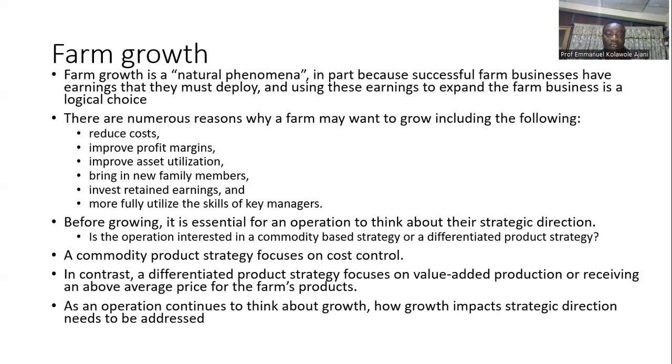The farm that wants to grow must be able to answer this question: is the operation interested in a commodity-based strategy or a differentiated product strategy? The strategic direction of the farm will determine how the farm will grow and what will influence the growth of the farm.